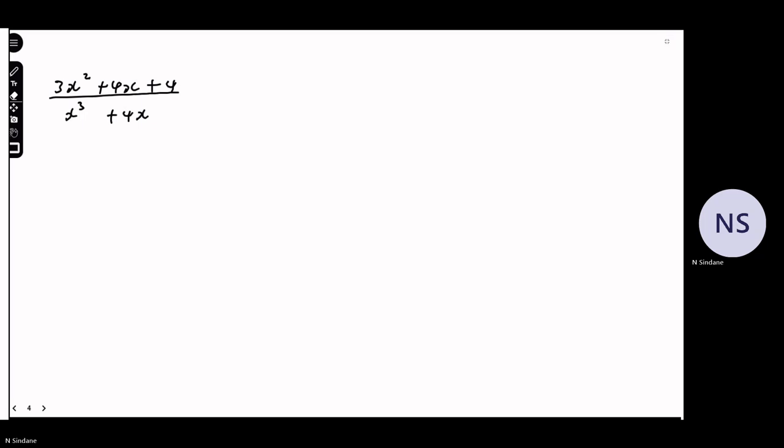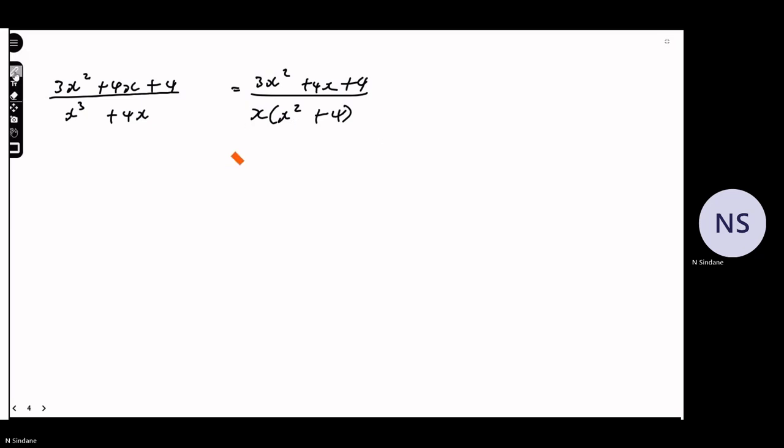In this case, the first thing to do, I can try to factorize the denominator by taking out the common factor, which will give me 3x squared plus 4x plus 4 divided by x into x squared plus 4. You can clearly see that I cannot factorize this. Then I'm going to use option 3.